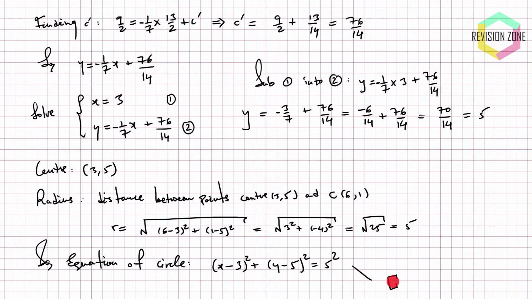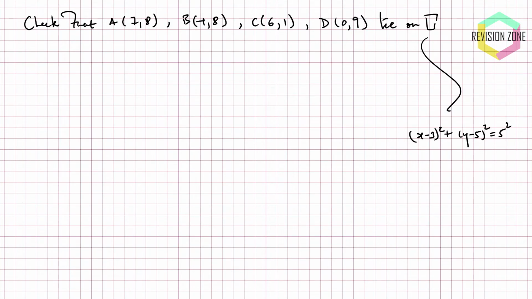Let's call it capital C, because we've already got a point called C, so we can't call the circle C. So let's call the circle capital C, and let's figure out if all of our points actually lie on capital C or not. Okay, so C, we've already done this because we figured out the radius of capital C by arguing that C lies on our circle. We've specifically found a circle such that C lay on it. Okay, so we know that this is going to be fine.